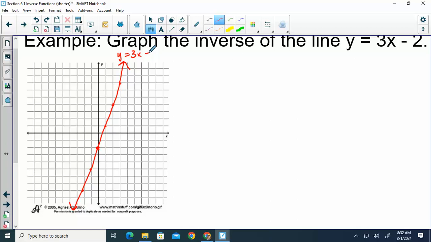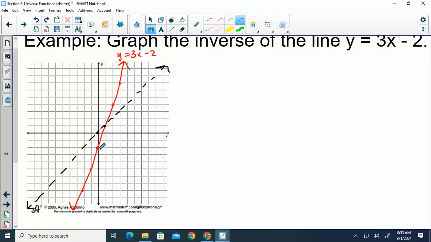If I wanted to find the inverse, we have 2 options. We could graph the identity. y equals x has points 0, 0, 1, 1, 2, 2, 3, 3. Just our identity line. And so they should be mirror images across this line.